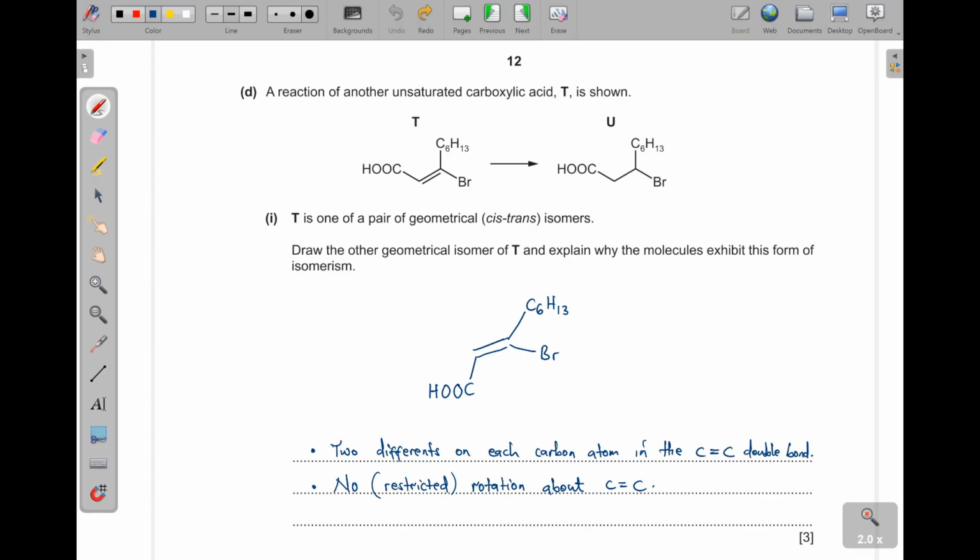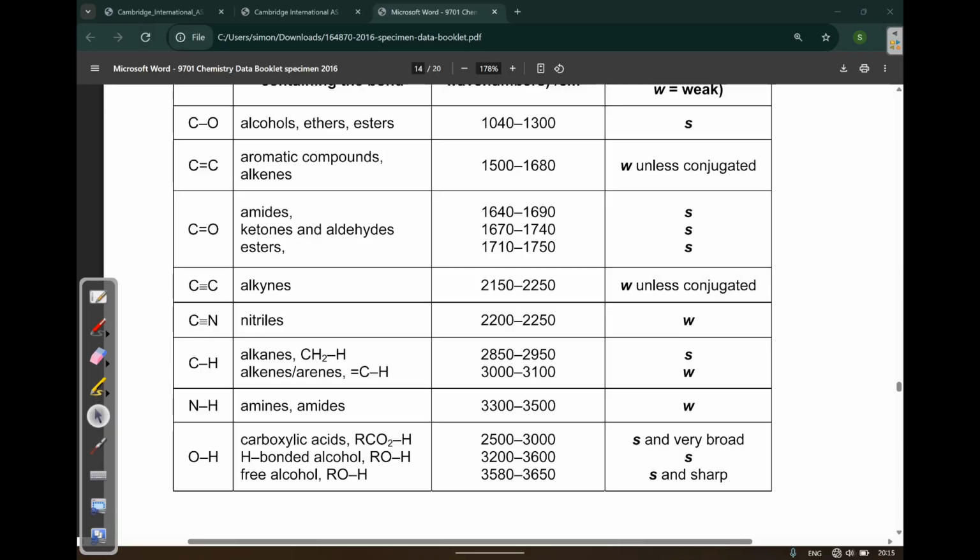So what I can do from here is to use this one here. We can take, there is C-O. Yes, there is this one here for alcohols, ethers, esters, but even carboxylic acids are not there. But so long as there is C-O. So there is 1040 to 1300. That is for both of them.